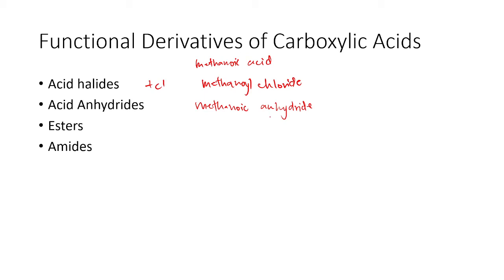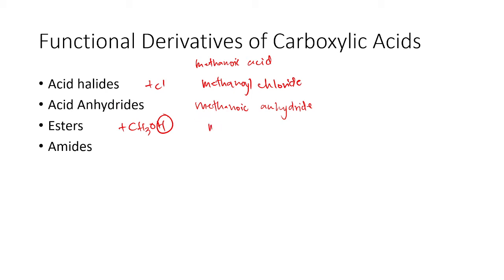And for ester, halimbawa, nag-add ka ng OR. Okay? So, methanoic yung start mo, tapos nag-add ka ng methanol. Let's say, nag-add ka ng CH3OH. Matatanggal yung OH mo dyan. So, pwede kang magkaroon ng alkoxide, then magkakaroon ka ng ester.